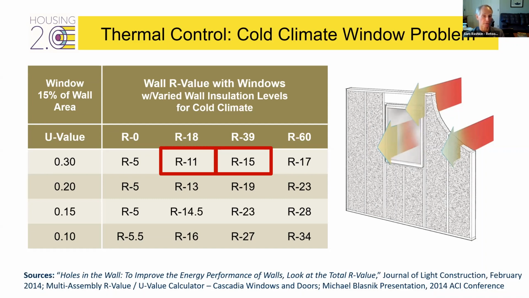And I can get as good as an R39 wall with an Energy Star window with a 6-inch wall and an R7 window, triple glaze window. And note that the R60 is losing almost 75% of its R value with an Energy Star window. And I can get to within R1 of the R17 with an R10 window and a 6-inch wall versus a 20-inch wall. So the window is absolutely essential.